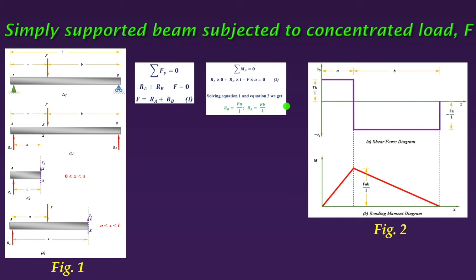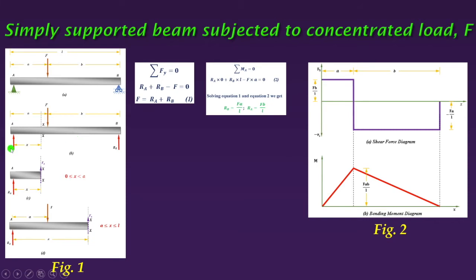In the previous example, in the last class, we showed a simply supported beam where the F force was centrally applied. In that case, due to symmetry, RA and RB were equal, so there was no necessity to consider this equation.